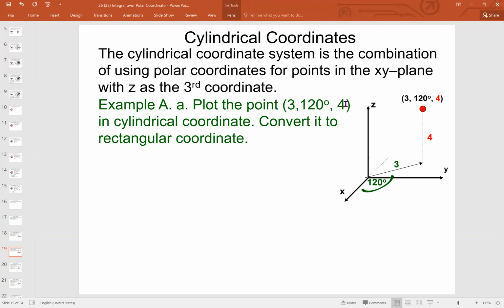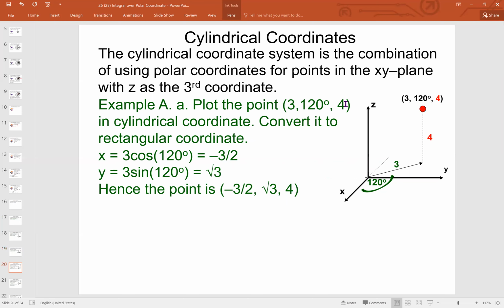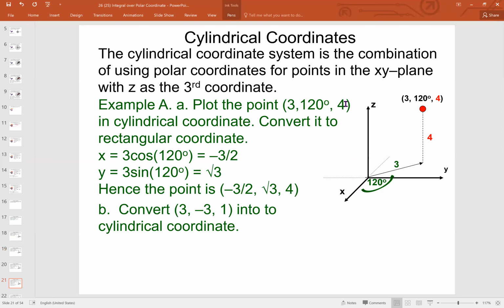So that's the point 3, 120 degrees, 4. Or 3, 2 pi over 3, 4. And I can calculate the coordinates using the conversion rules in polar coordinates.